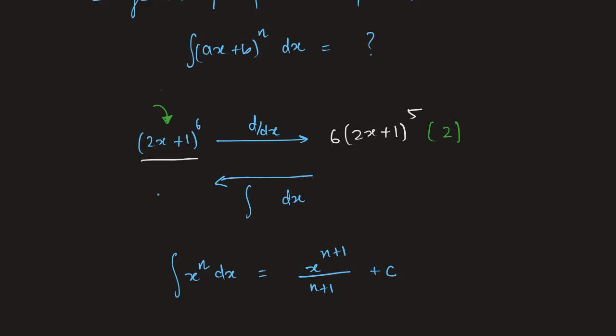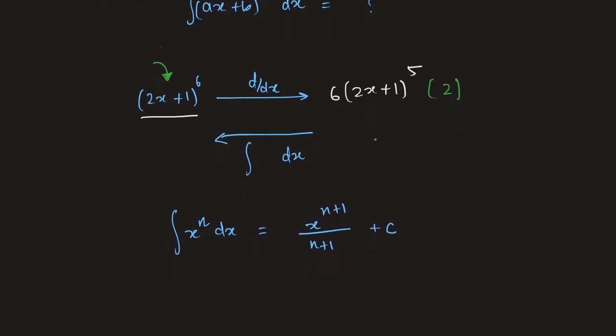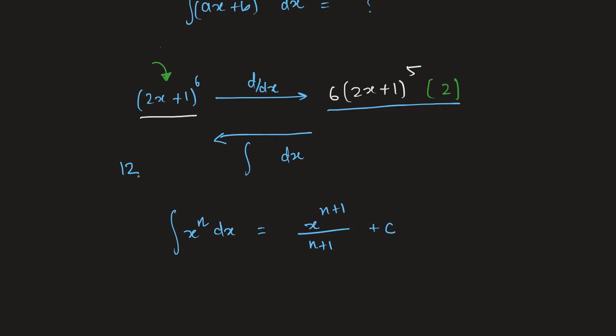If we integrate this whole expression, 6 and 2 are constants, so we can keep them outside, that is 6 into 2 is 12. Then (2x + 1) to the power 5 plus 1, which is 6, whole divided by 6.